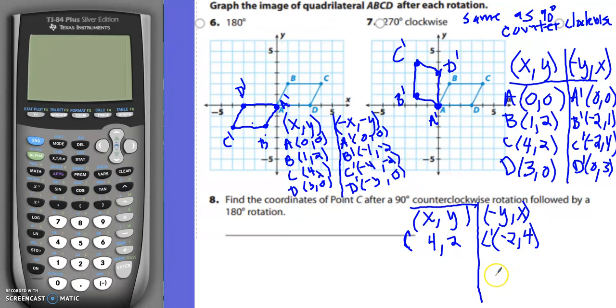Then we are going to follow that by a 180-degree rotation. So a 180-degree rotation is a -x and a -y.